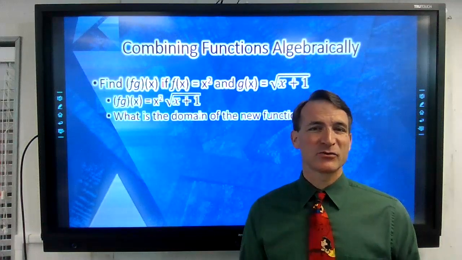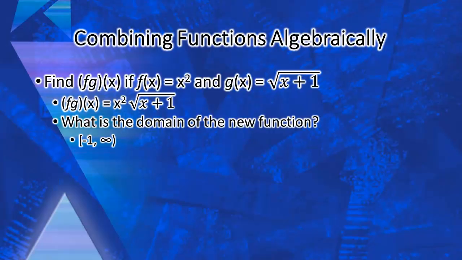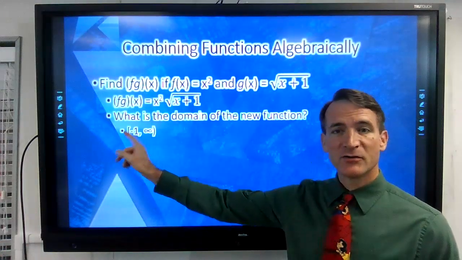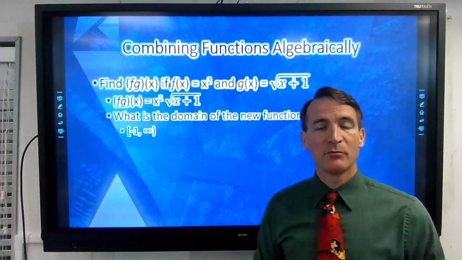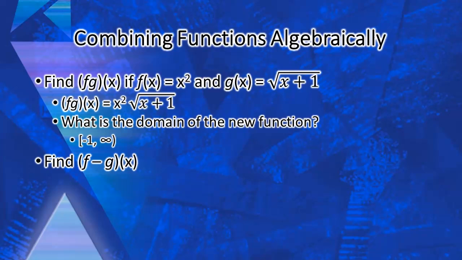I cannot take the square root of a negative number. So I am limited in my domain to the values of -1 all the way to positive infinity. Notice that the value of -1 is included. I have that closed bracket there. Let's try subtraction. Let's do (f minus g)(x).